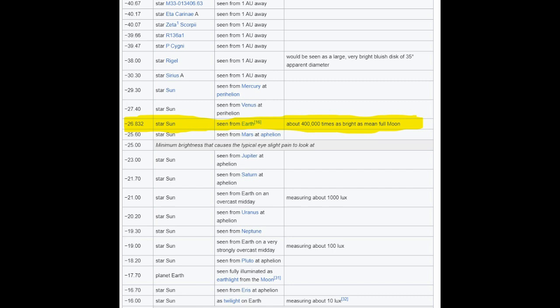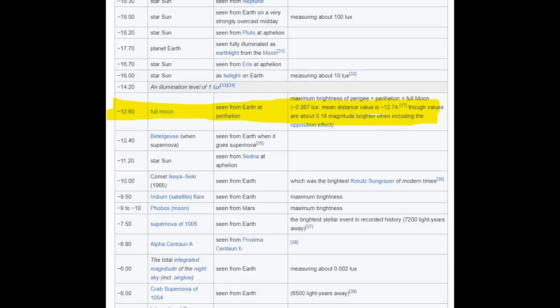If we look on a table of apparent magnitude, here I am on Wikipedia, you can see that the Sun obviously is visible at -27. A full moon is -12.